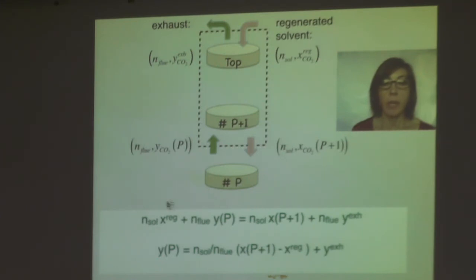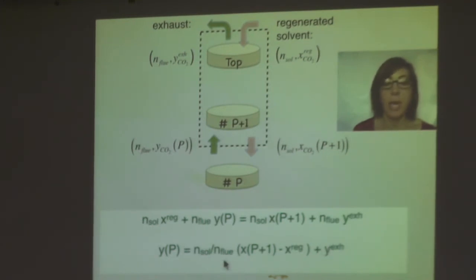So again, we can write the equation and solve for Y. In this case, we're solving for the vapor phase mole fraction on plate P as a function of the liquid phase mole fraction on plate P+1. And this looks like an equation for a line in the form y equals mx plus b, where the intercept here is the exhaust composition, and the slope is going to be this ratio of the solvent flow rate to the flue gas flow rate.